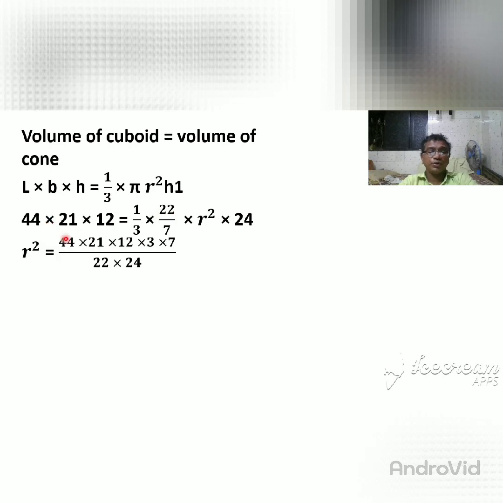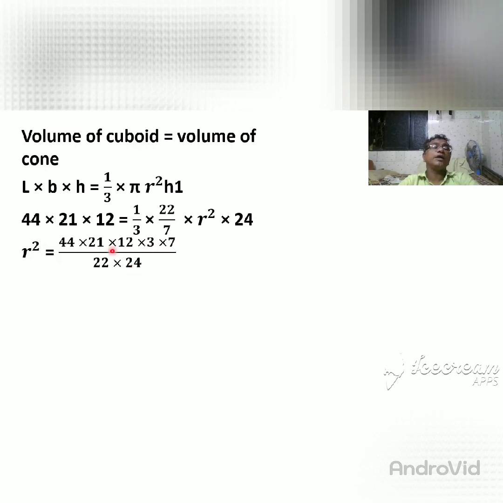So this is 44 into 21 into 12. This denominator goes across, it becomes numerator, into 3 into 7. So 22 remains as it is. This is a numerator that goes across to the denominator. 24 is a numerator that goes across to the denominator. So 3 1s are 3, 7 1s are 7. Is it possible to divide? No, it is not possible to divide by 7. Then 3 1s are 3, 3 8s are 24, you are getting 8.